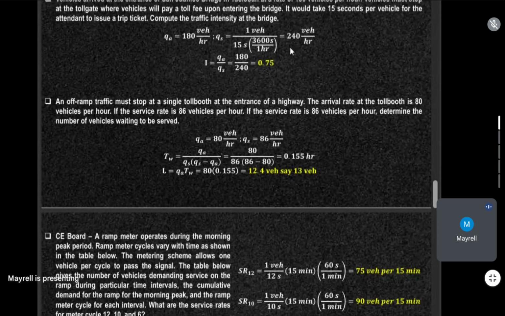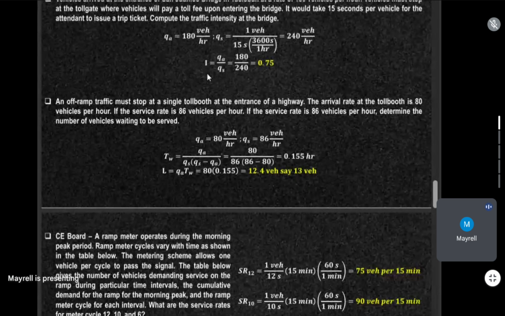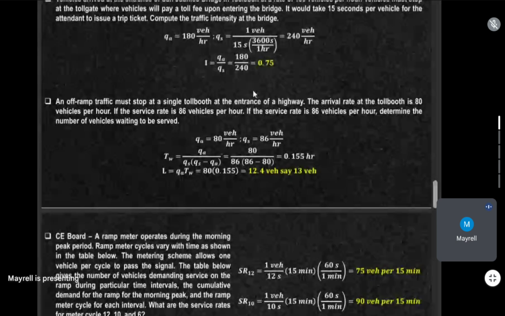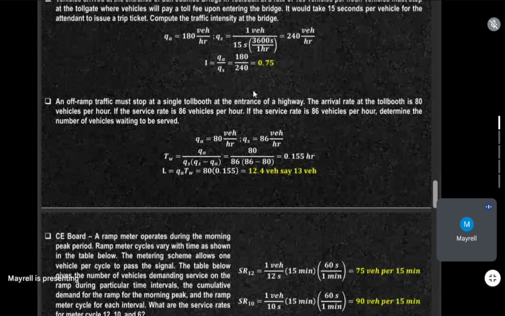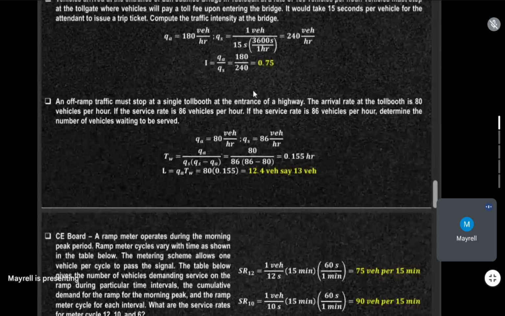That's the service rate. So the traffic intensity, QA over QS, is 180 over 240, which is 0.75. So the service rate is greater, faster compared to the arrival of the vehicles.